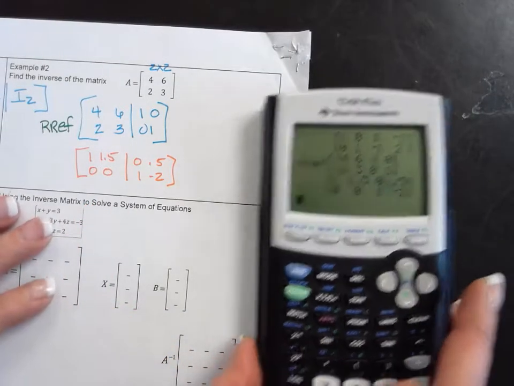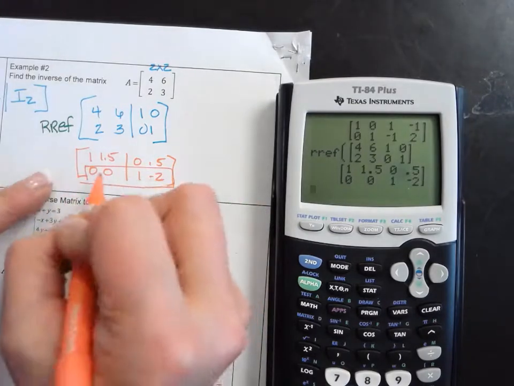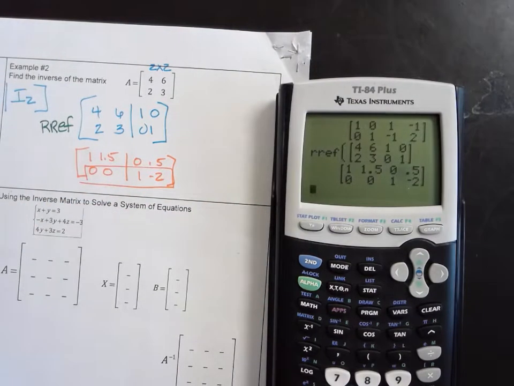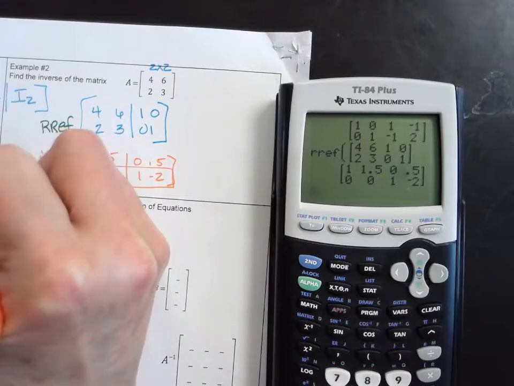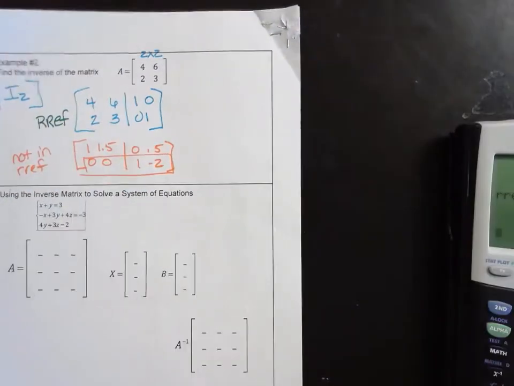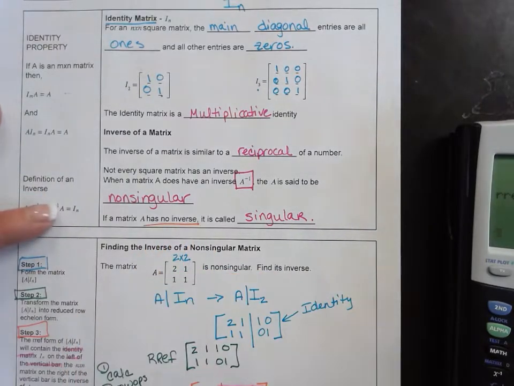No. So if I'm not in reduced row echelon, what do you think that would mean? That means it has no inverse.